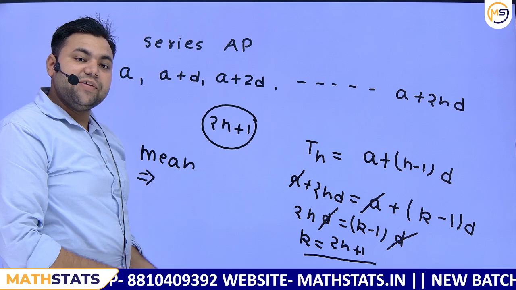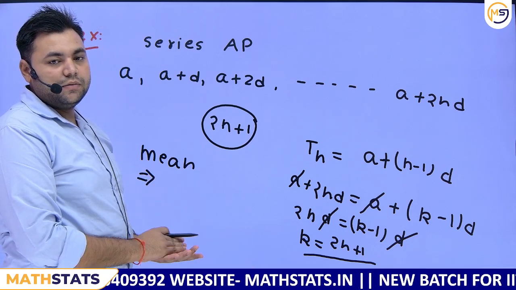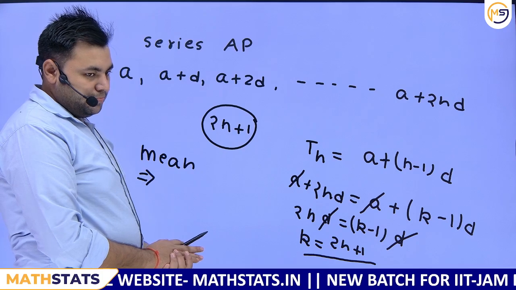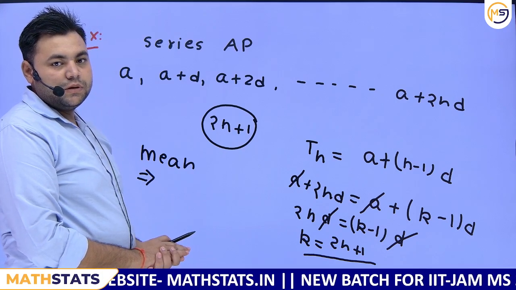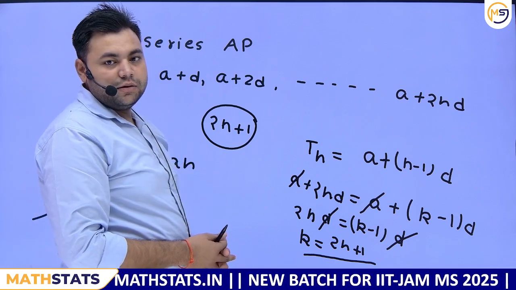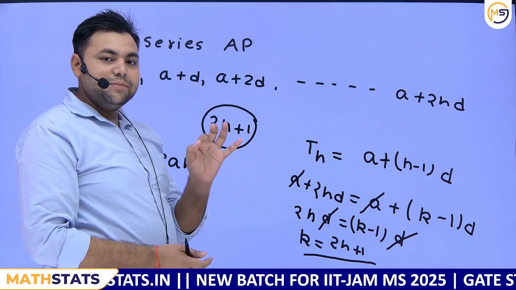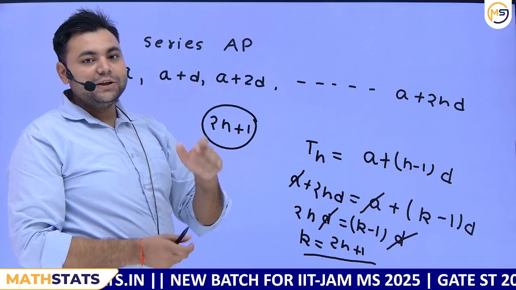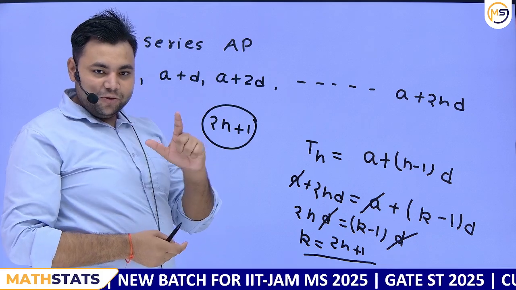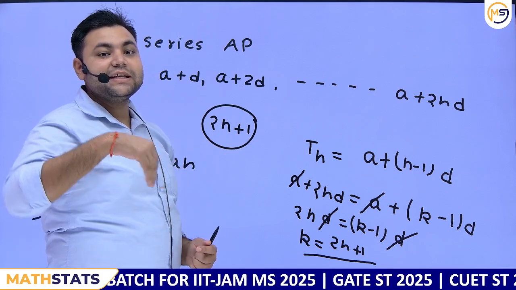What is the mean of any AP series? Anyone? Let me give a hint. First think of two numbers, 1 and 2, then find their arithmetic mean and generalize it for n numbers.